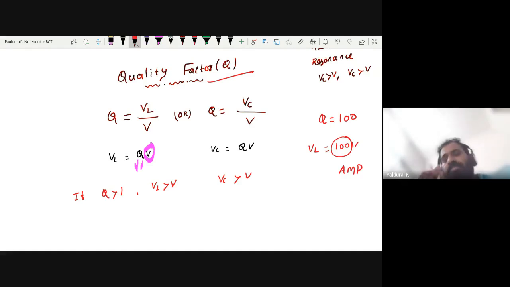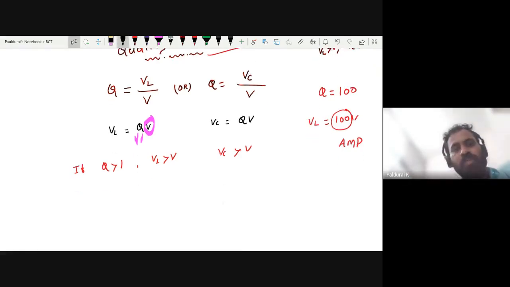So what is my Q? Therefore Q equals the voltage drop across the inductor. V equals I times R, where R is the impedance. What is the reactance offered by the inductor? j times XL, where XL equals L omega.